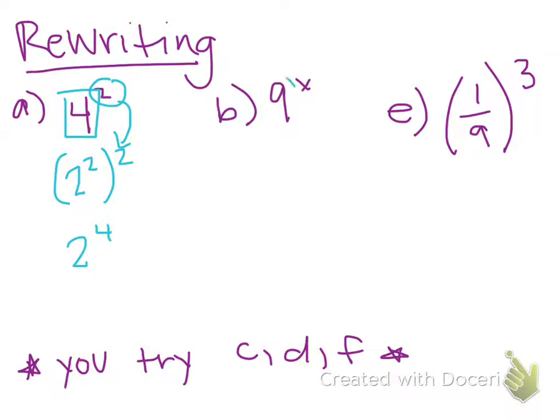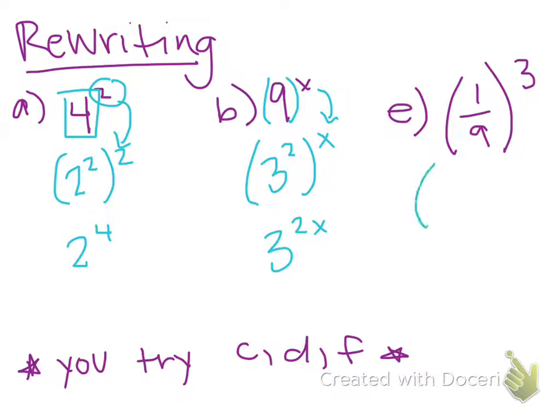Same thing in letter B. My base is 9. I'm going to rewrite 9 as 3 squared, and the x is still outside. Now I multiply them and I get 3 to the 2x power. Letter E, the 9 I'm going to rewrite as 3 squared.